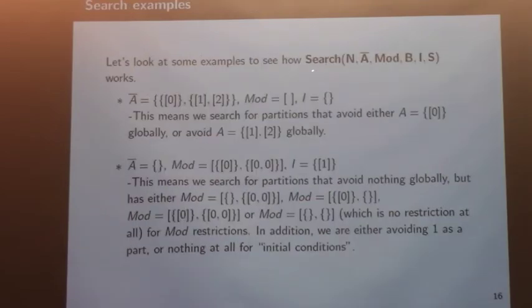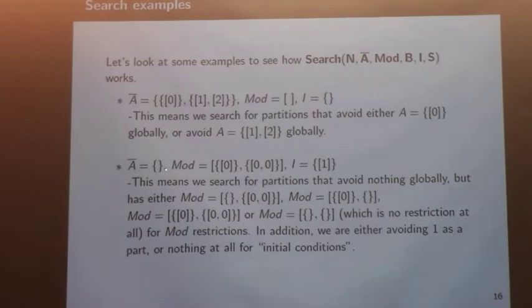Let's look at how search works. Let's say the input A bar is a set containing these two sets, mod is empty, I is empty. This means we are searching partitions that either avoid 0 globally, or avoid 1, 2 globally. So just search through these two elements.